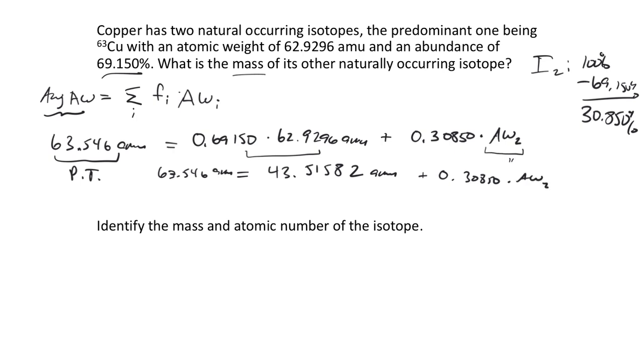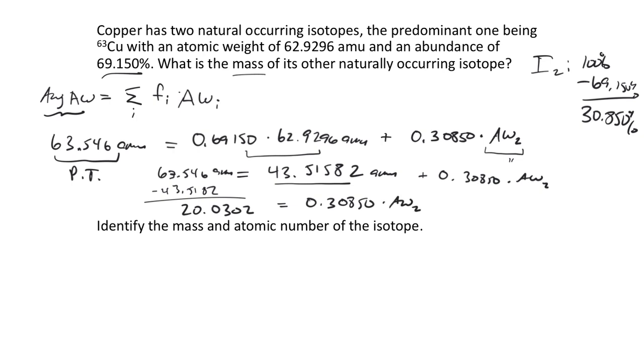And so then I'm going to subtract 43.5158 from both sides. So I do 63.546 minus 43.5158 gives me 20.0302. That's going to equal 0.30850 times the atomic weight of that second isotope.